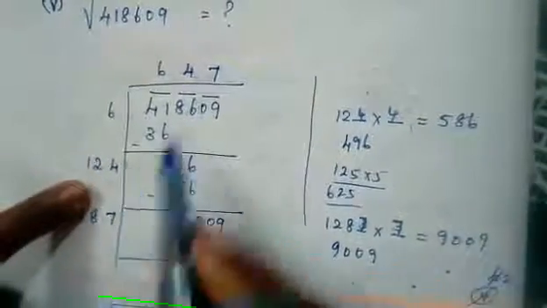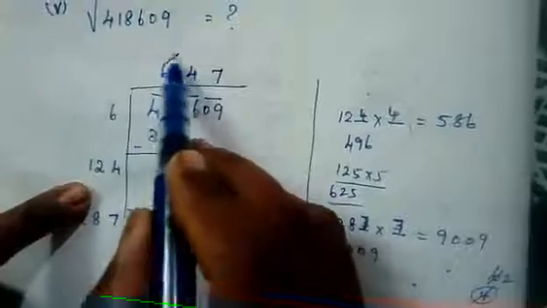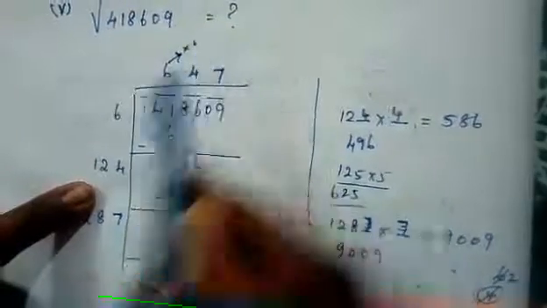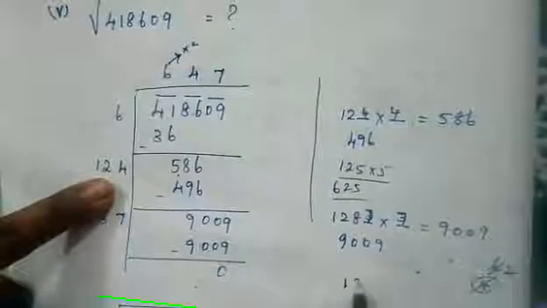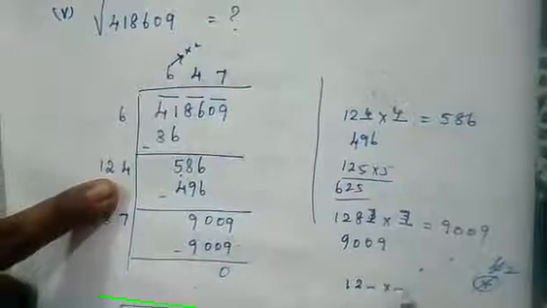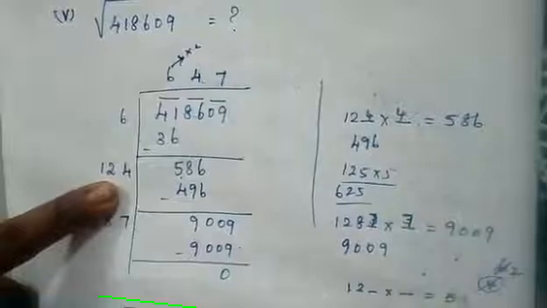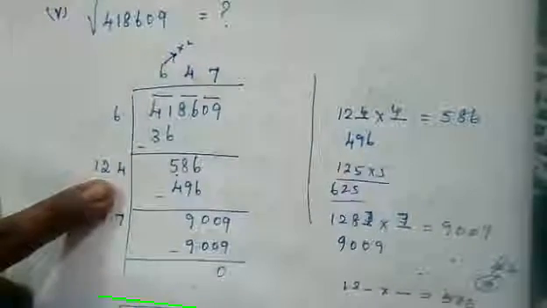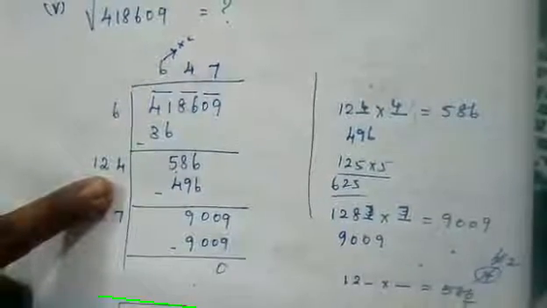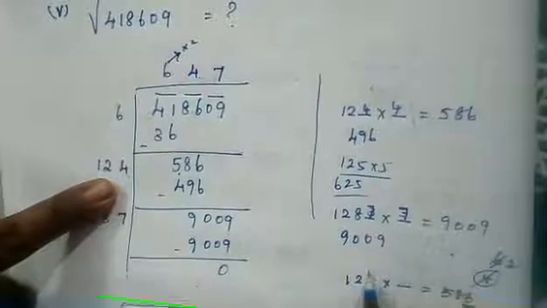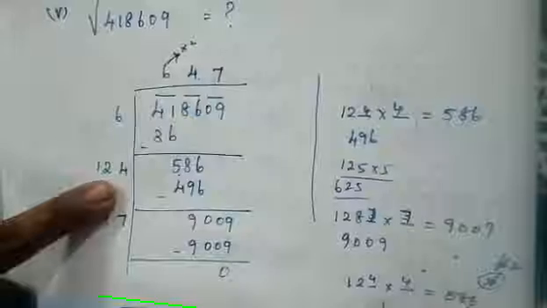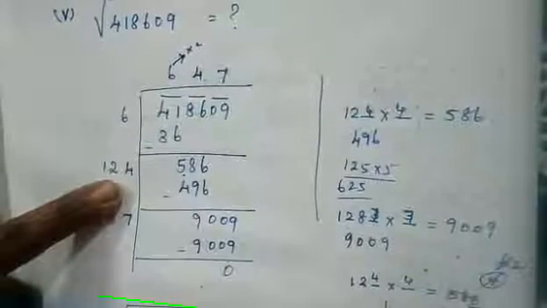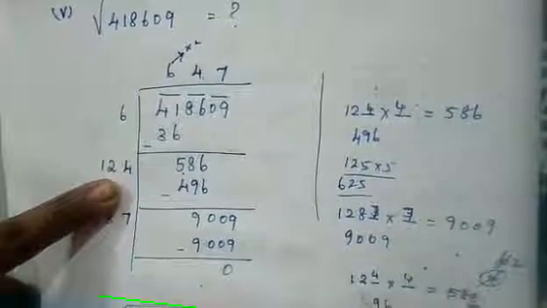Here the next procedure is, whatever quotient you get, you multiply that by 2, that is 12. Now we want to find 12 along with this 500, which number you have to write to get 586. Since it ends with 6, we have to check 4. 4 4s are 16, balance 1, 2 4s are 8, 8 plus 1 is 9, 1 4 is 4.